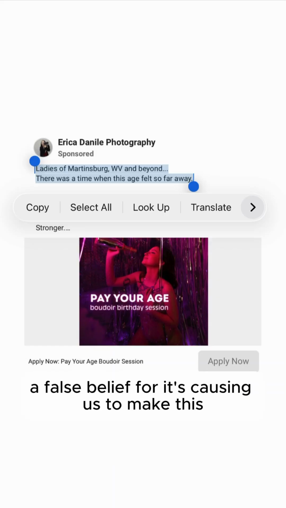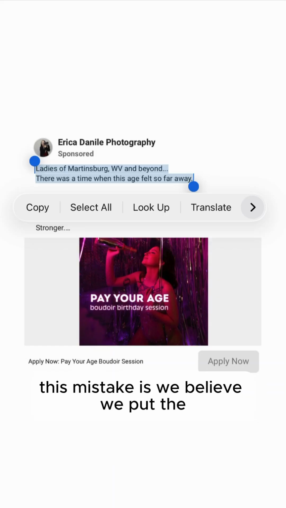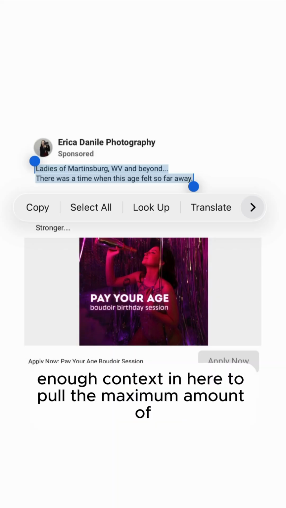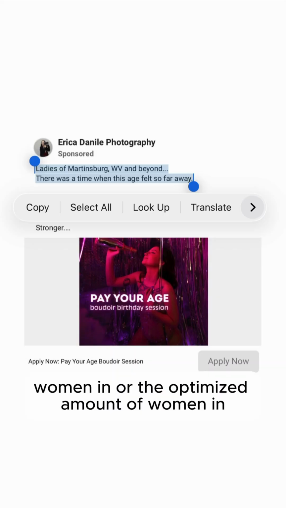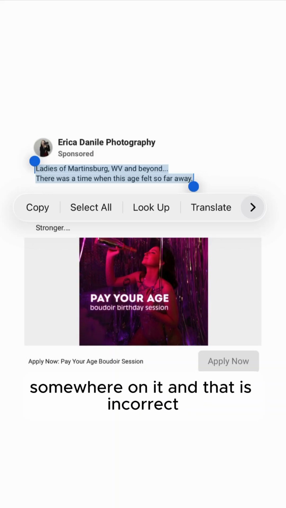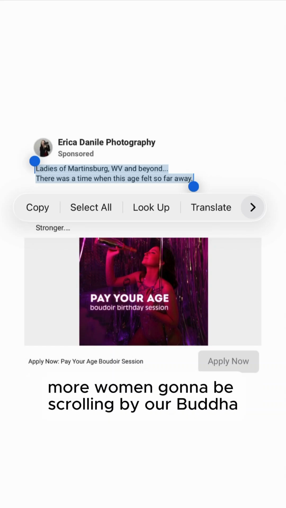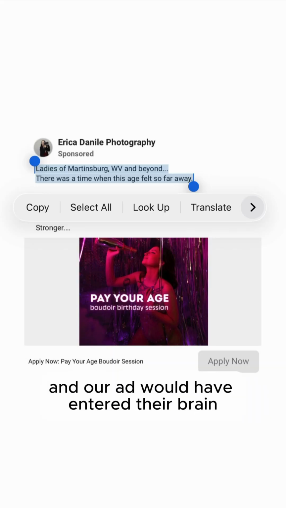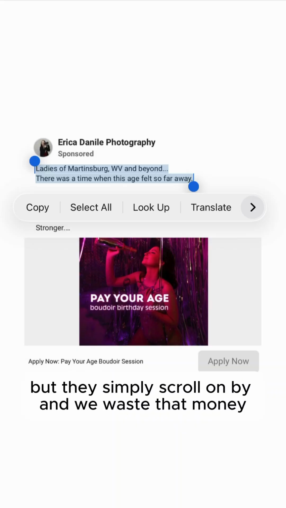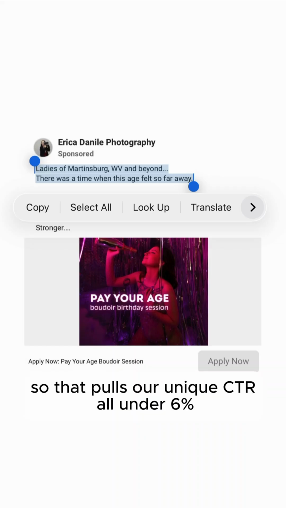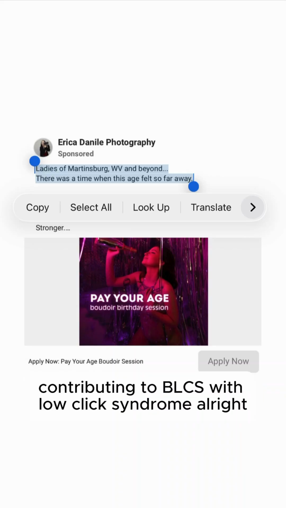The false belief that's causing us to make this mistake is we believe we put enough context in here to pull the maximum amount of women in, or the optimized amount of women in, to our Boudoir Facebook ad and click on it, and that is incorrect. So the consequence of this is way more women are going to be scrolling by our Boudoir Facebook ad than necessary, when they could have been clicker inners and our ad would have entered their brain, but they simply scroll on by and we waste that money. So that pulls our unique CTR under 6%, contributing to BLCS, Boudoir low click syndrome.